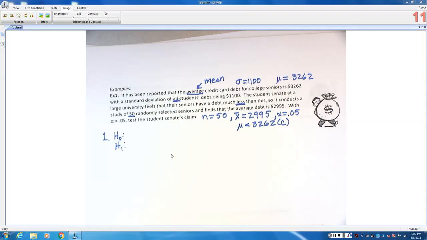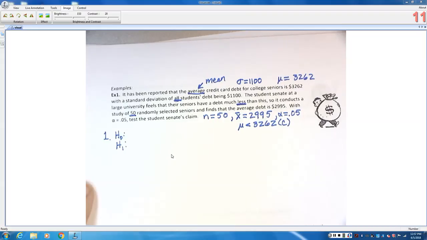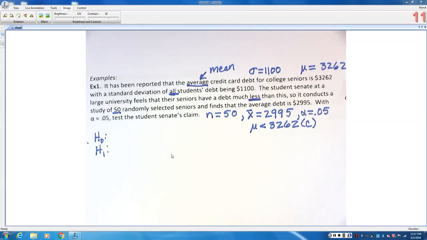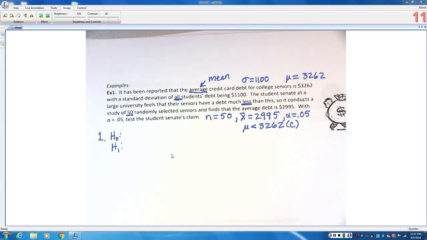So did you all follow that? You got to read these problems and be able to pick out what it's giving you. Sometimes the claim's in the last sentence of the whole problem. This is the first time we've seen a whole problem. Before it was just giving you a claim and asking you to write it.